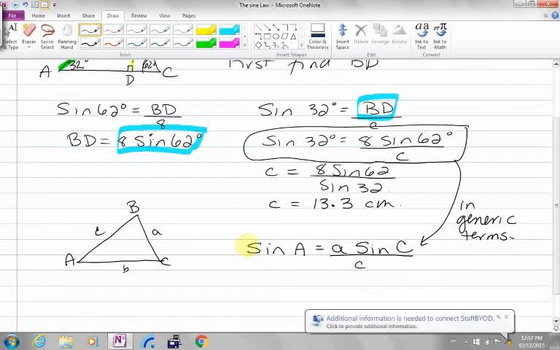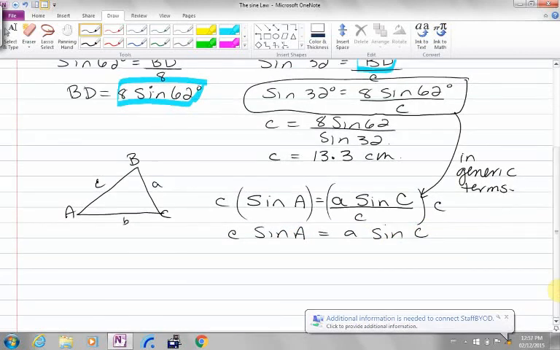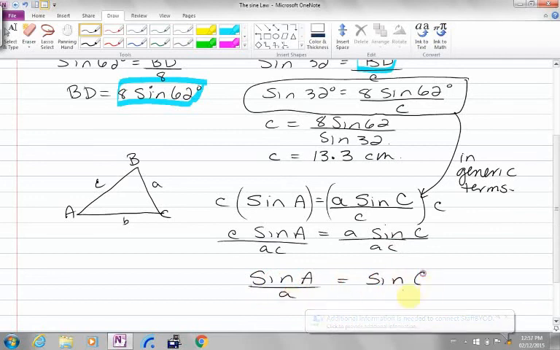So, first thing I'm going to do is multiply both sides by C. So I'm going to get C sine A equals A sine C. And then I'm going to divide both sides by AC. And I end up with sine A over A is equal to sine C over C. Now, that is the sine law, one version of it.